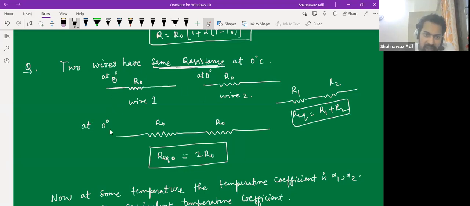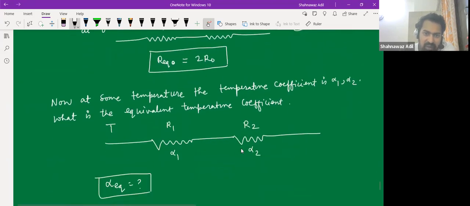Then we calculated the equivalent resistance at 0 degree. Now we have connected these two wires at some temperature, and these wires will have some temperature coefficients. So the question is: what is the equivalent temperature coefficient if they are connected in series?